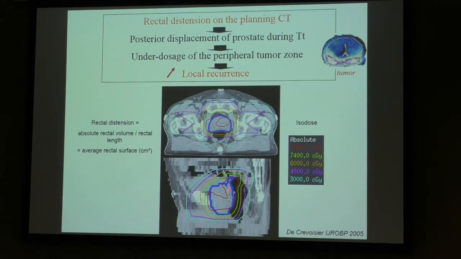So what was shown in this paper is a clear relationship between rectal distension and the risk of biochemical failure, local failure, and also toxicity. It was a quite nice demonstration of the necessity to consider the prostate position during treatment.